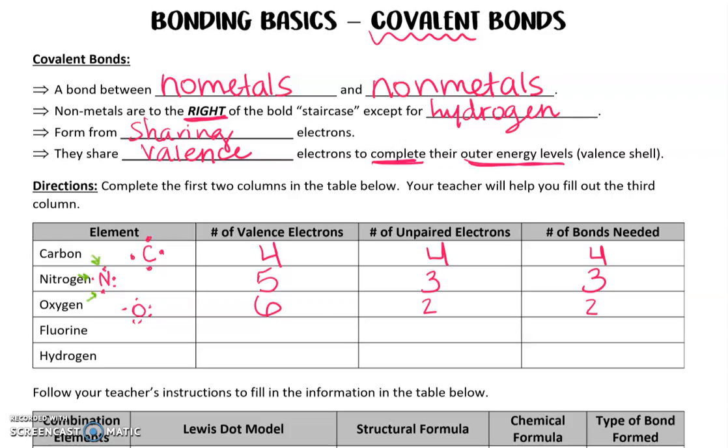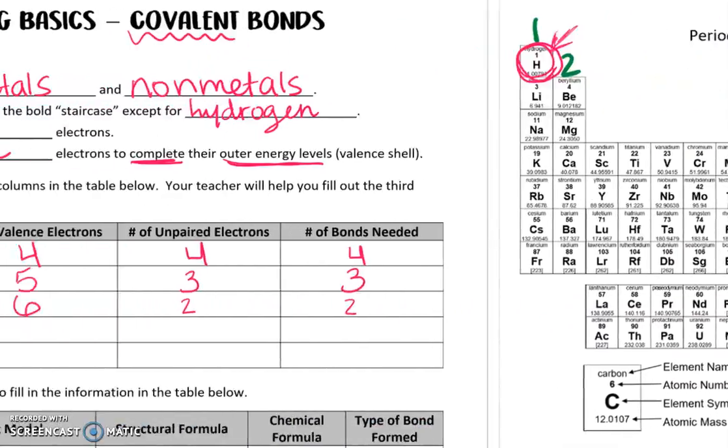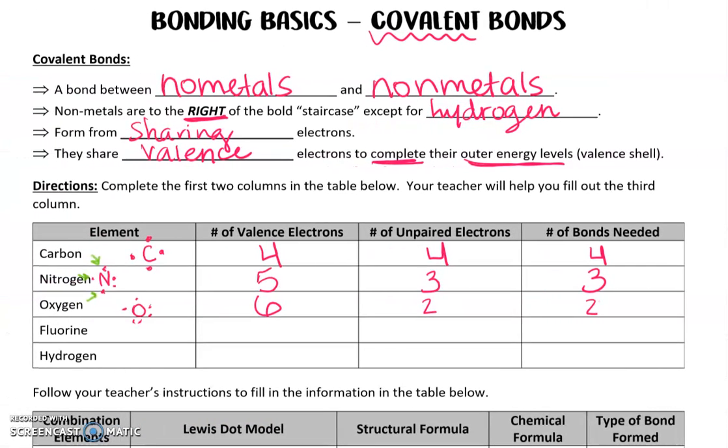Fluorine is part of group 7 on our periodic table, so it has 7 valence electrons. And if you look at its Lewis structure, it looks like this. And it only has 1 unpaired electron, meaning it can only make 1 bond.